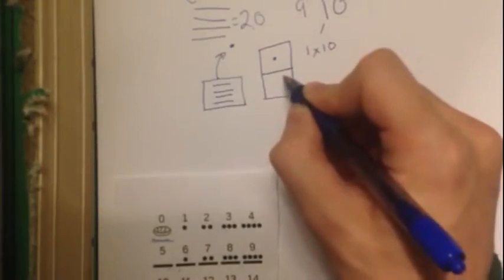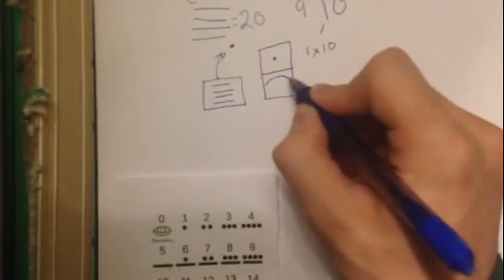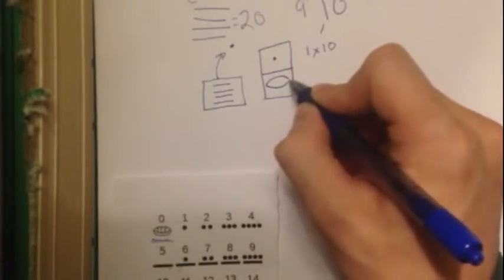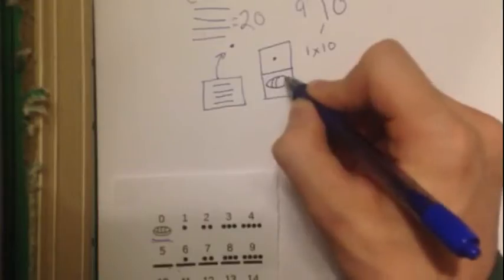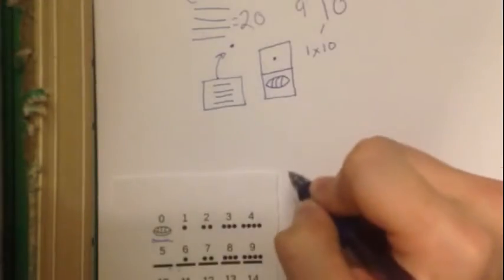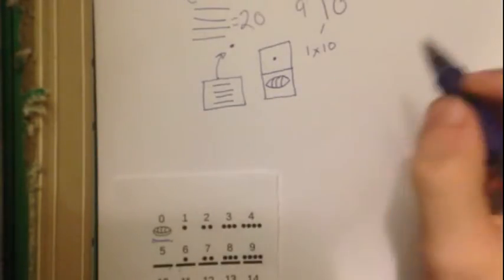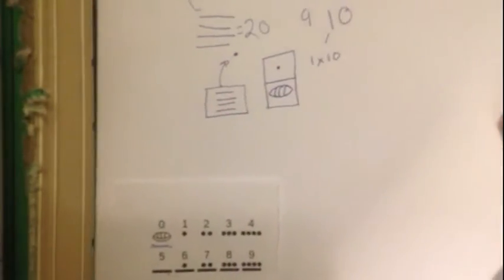But then we have to put that clam, that shell, down here to hold the place value. That's our 0. And we can do this with any number. So let's get really big.